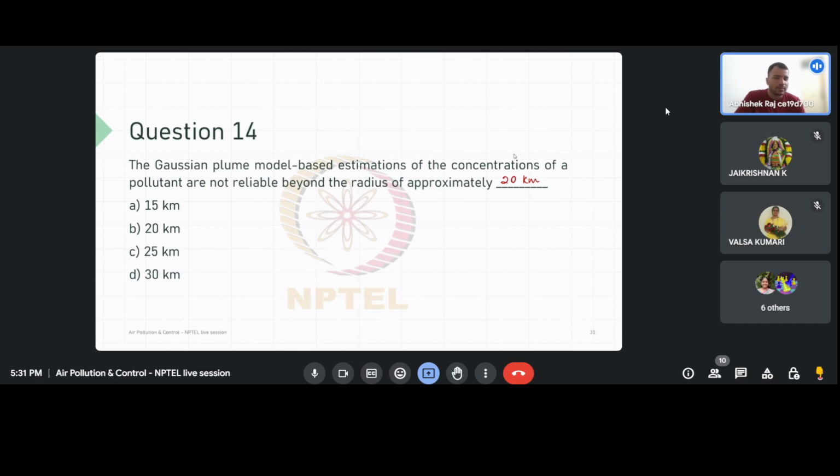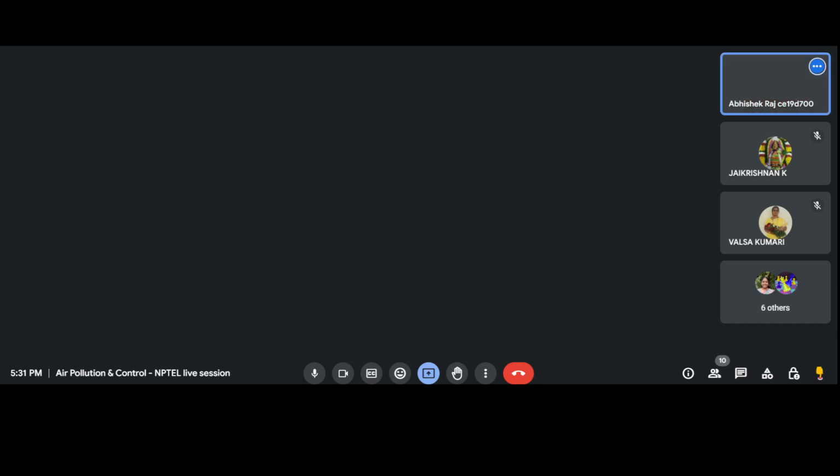Many other factors can change. So the consistency of the variables, their values, will get affected. That is why the model will only be reliable up to around 20 kilometers. We can apply the GPM model only up to 20 kilometers from a certain source. After that, we can find results obviously, but they will not be reliable. So option B, 20 kilometers, is the correct answer.